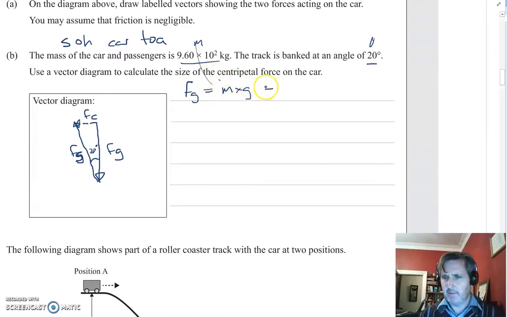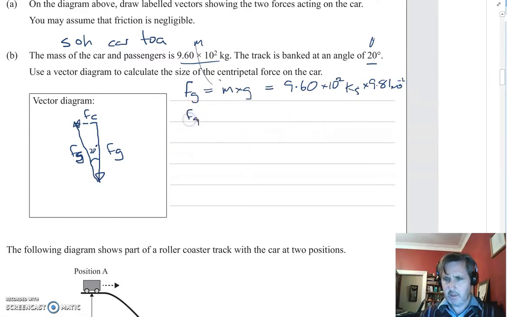They've given us a mass of 9.6 times 10 to the 2 kilograms, which is 960, times 9.81 meters per second squared.